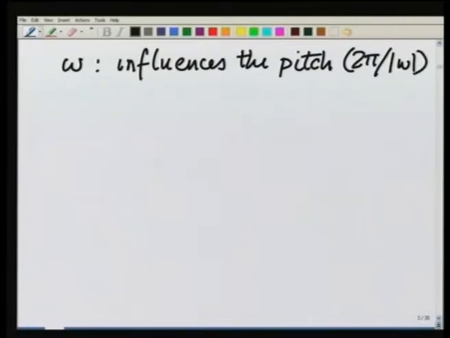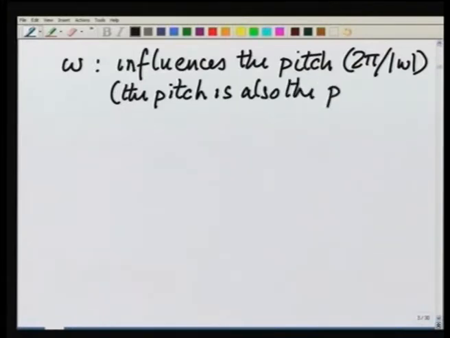The pitch is also the period of the helix. Finally, the sign of omega determines the handedness.